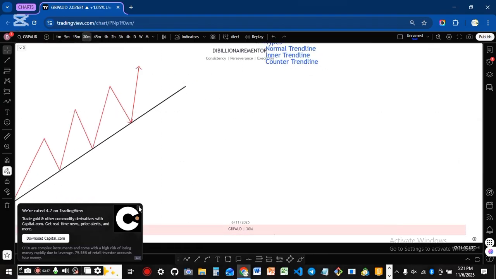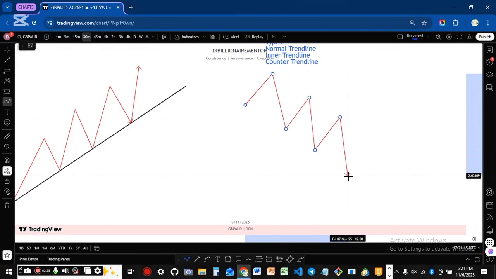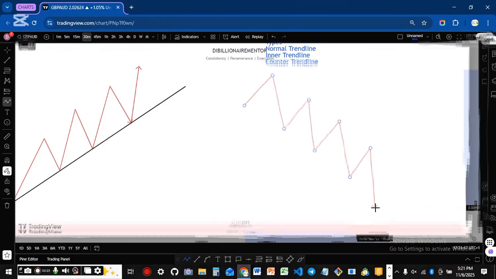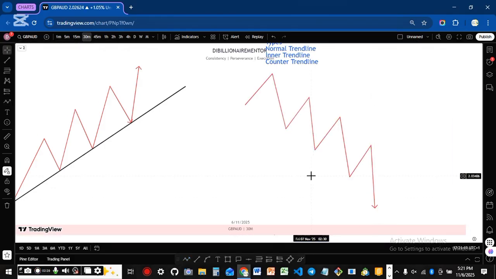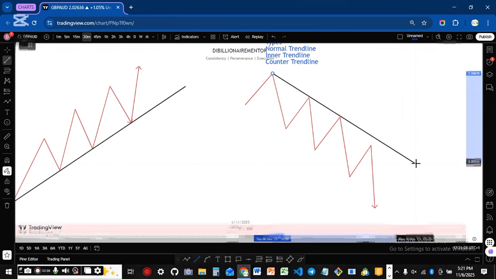Then in the downtrend, when you're having consecutive lower highs and lower lows, lower high, lower low, lower high, lower low, you draw your trendline from the top here, because the order flow, the current market structure, is bearish.